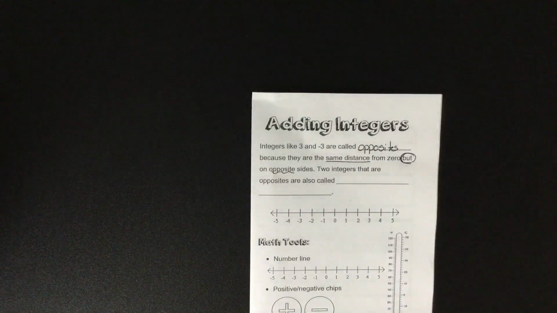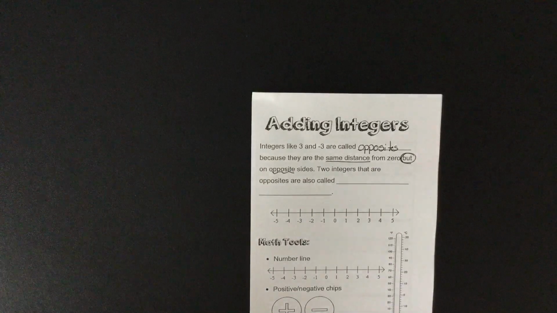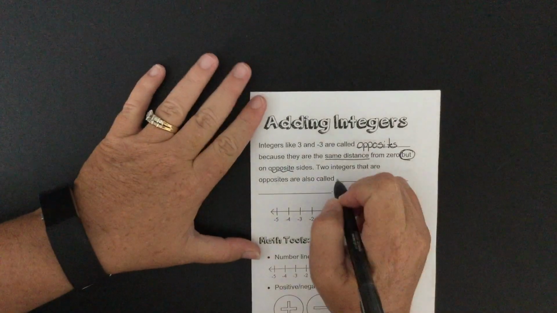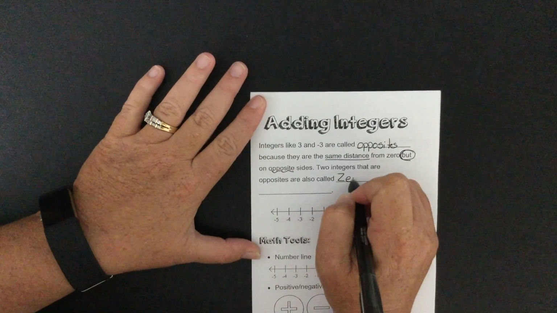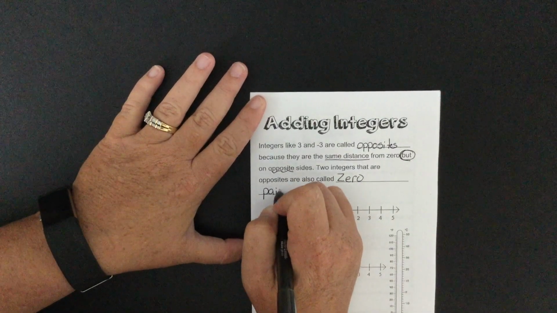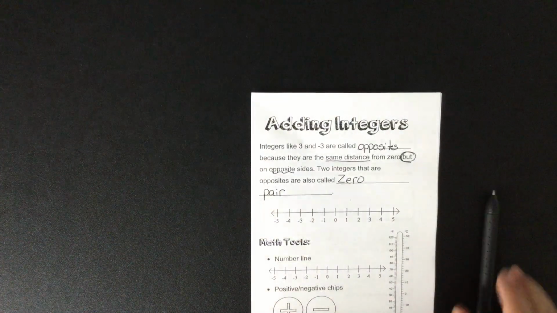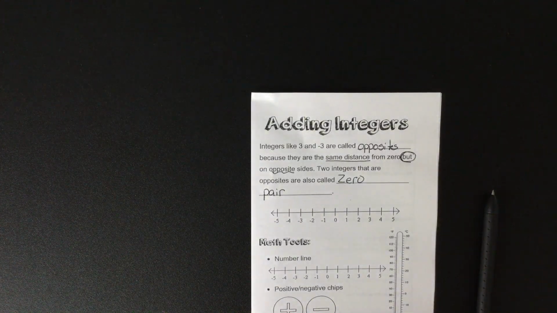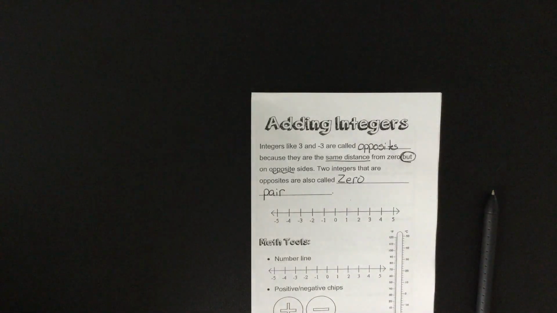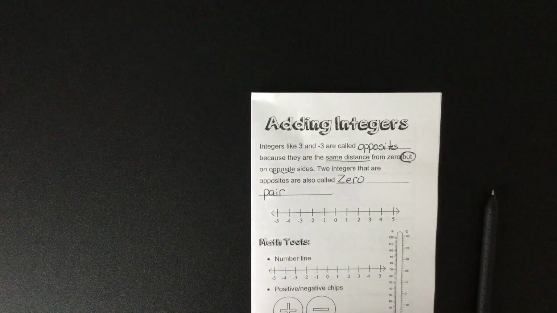So whenever you're going home today, you get to tell your parents of yet another new vocabulary word that you learned about, and that is called a zero pair. So when you're sitting in that car and your parents ask, "What'd you learn today?" instead of saying nothing, you can say, "I learned about zero pairs."